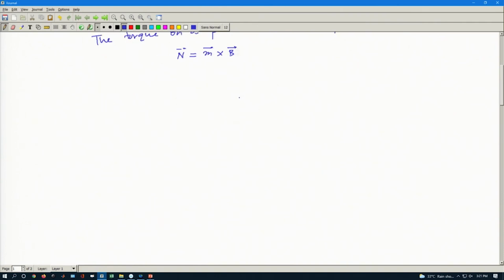Now, to understand this, suppose this is the applied magnetic field, in this direction.